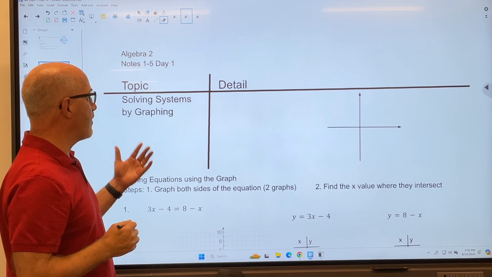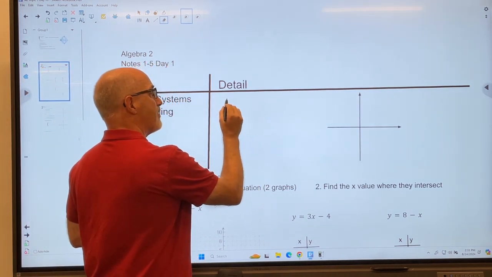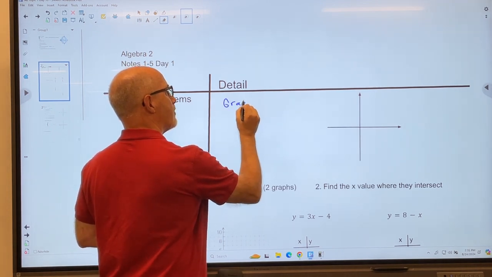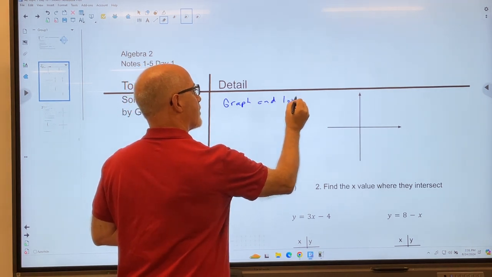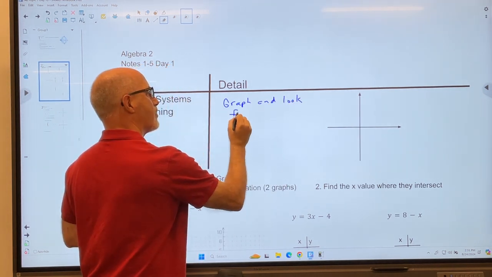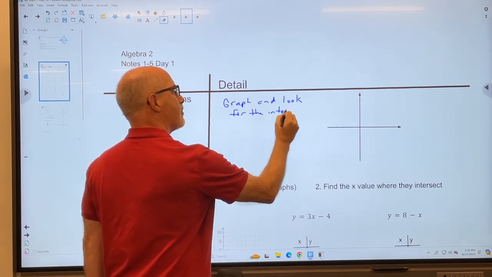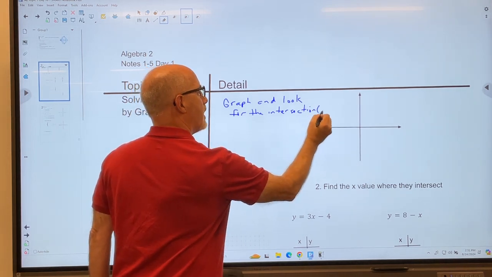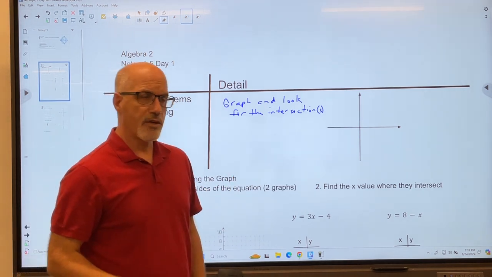So first of all, solving a system by graphing, you basically graph and look for the intersections. It could be one intersection point or it could be multiple ones, so I put intersections there.